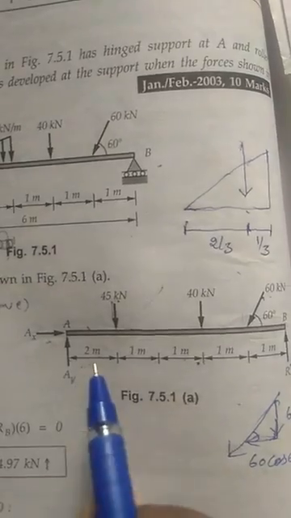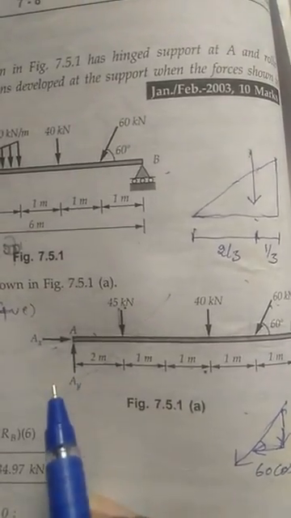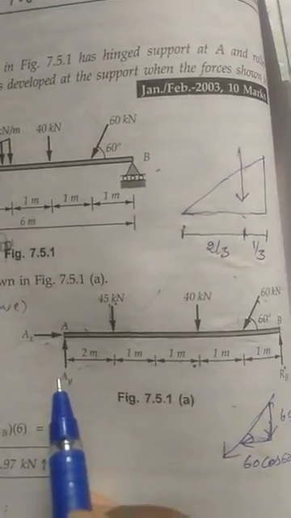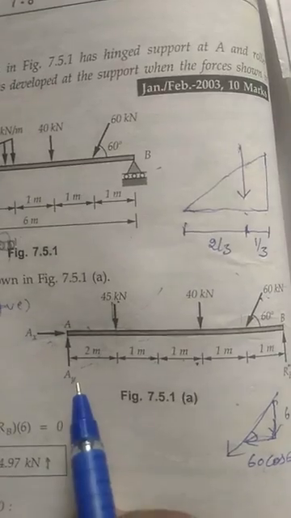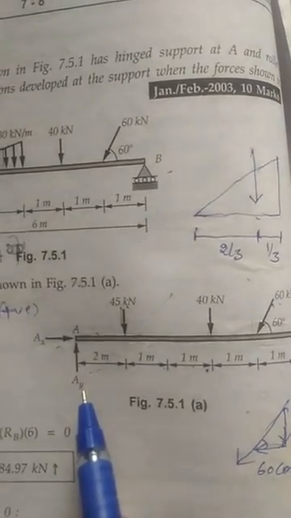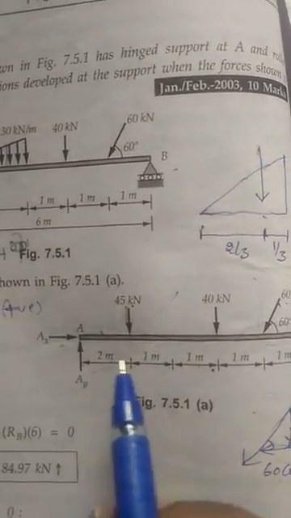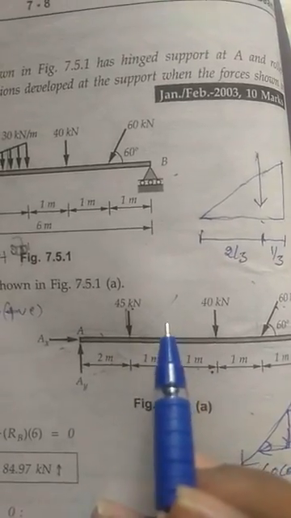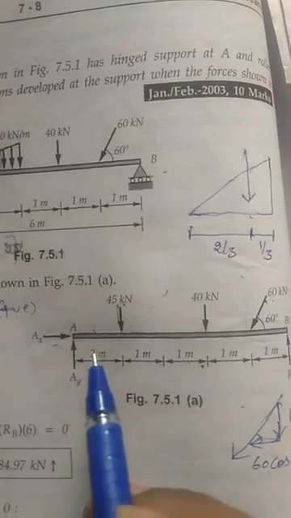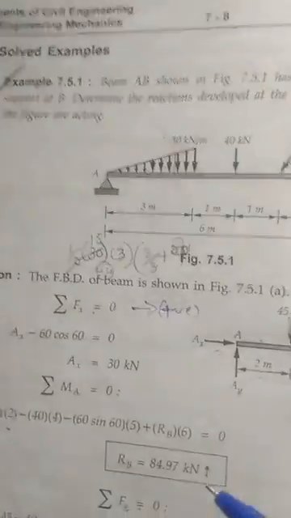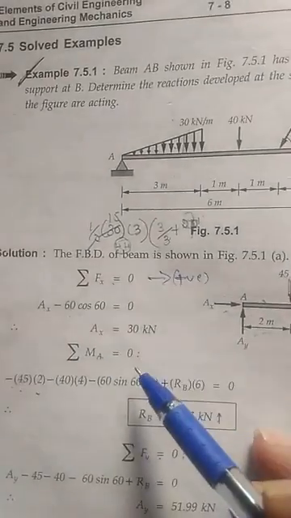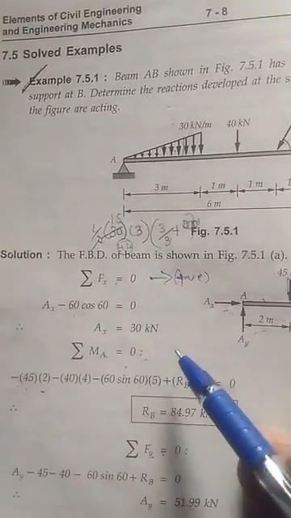After finding RB, if you take the sum of vertical forces equal to 0, everything is known and the only unknown will be AY. So the rest of the unknown reactions will be found out. So it is better you take the moment at A. Moment at A is equal to 0.